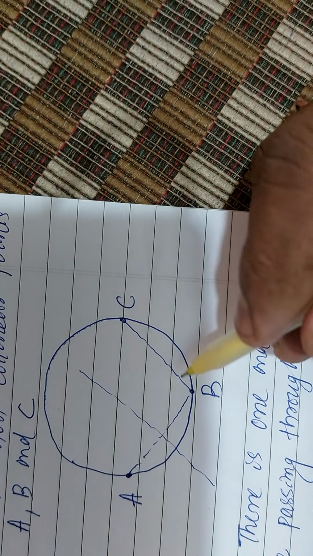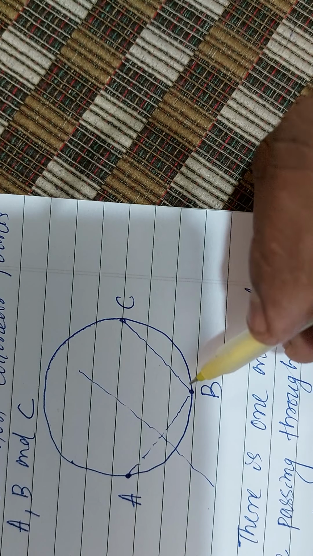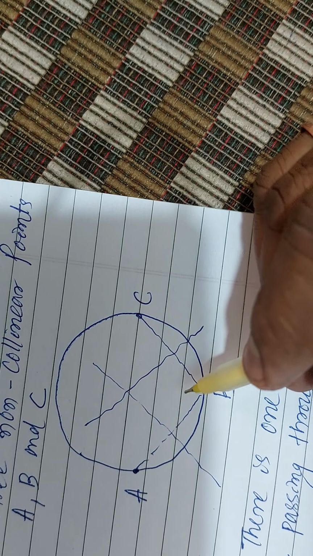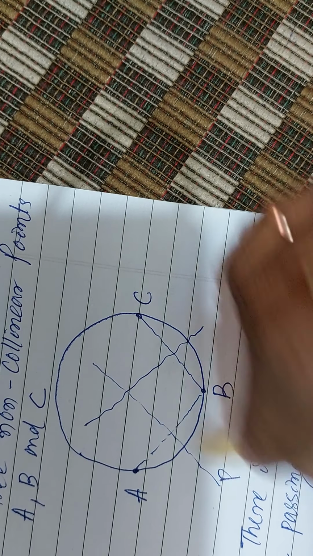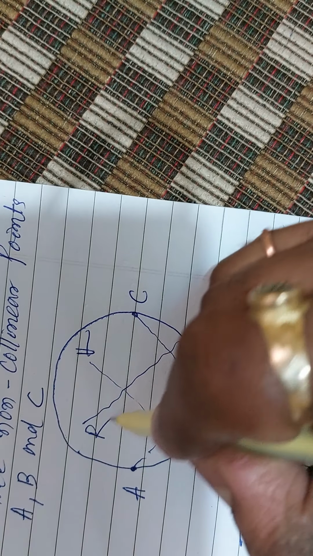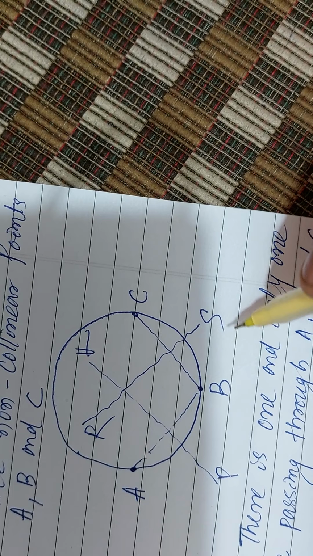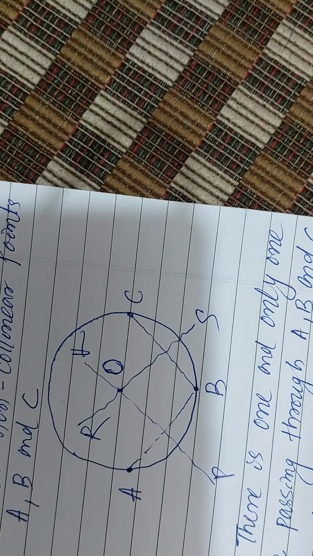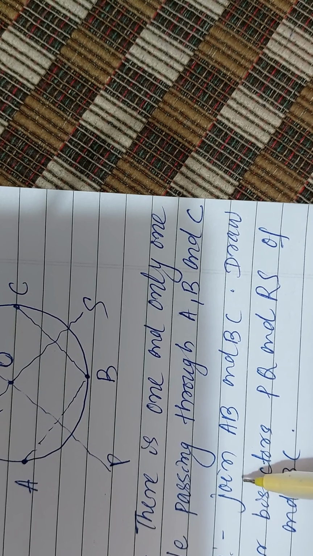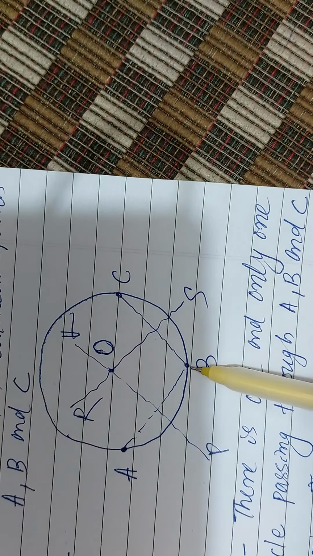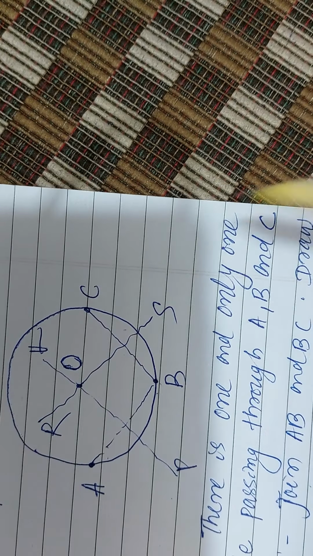Right? So the perpendicular bisectors: this is PQ and this is RS, R and S. They intersect at a point named O. So join AB and BC, two chords are formed.